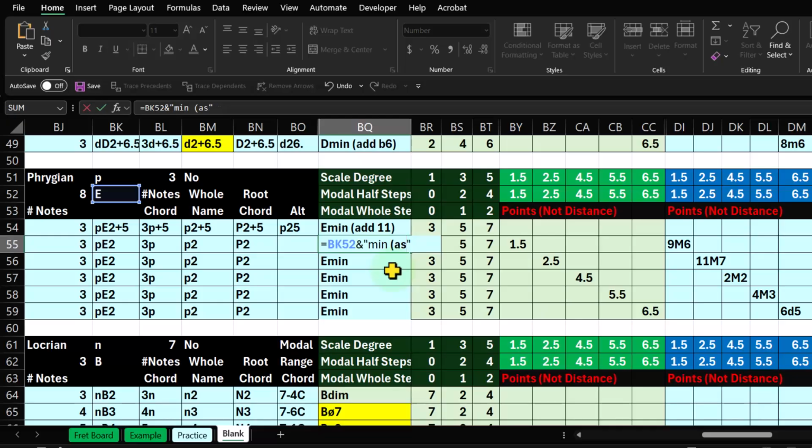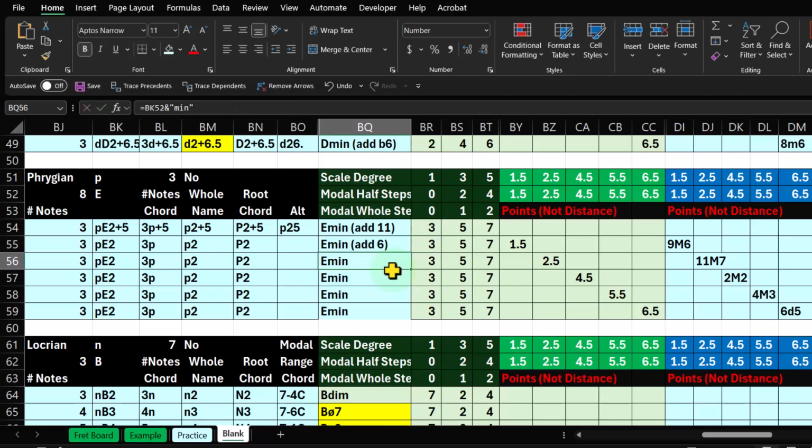Was it not? My fingers are on the wrong one. Add 6, something like that. And the 6 is going to be a major 6, which should be kind of the default. So does that sound right, Ara?